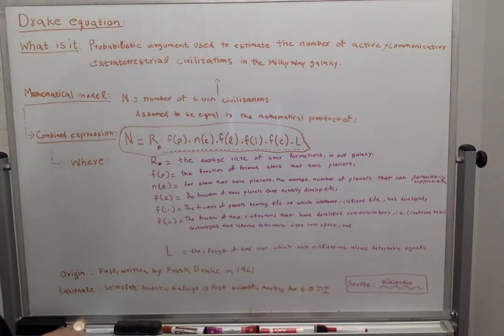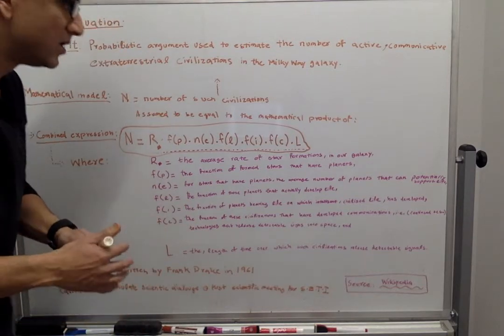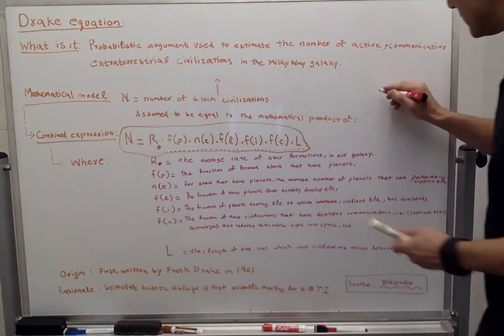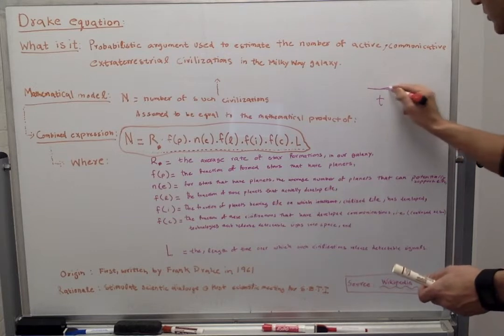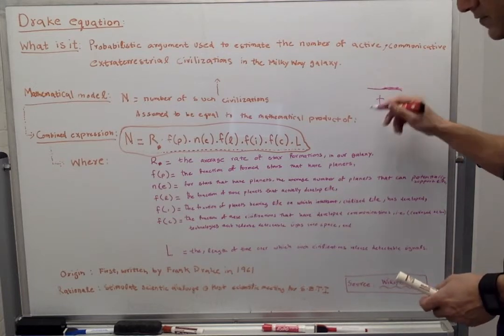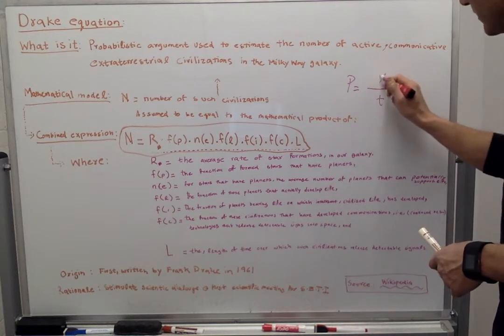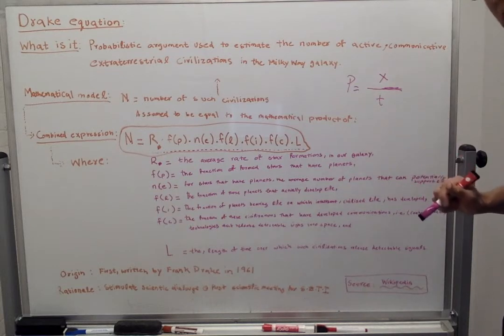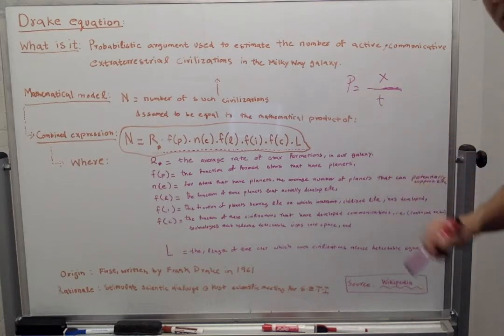Again, this is a probabilistic argument. It doesn't mean that it's true. Probability means that if you have a total number of outcomes and you want to figure out the probability, you take what you know and divide it by the total number of outcomes in order to come up with a probabilistic model.